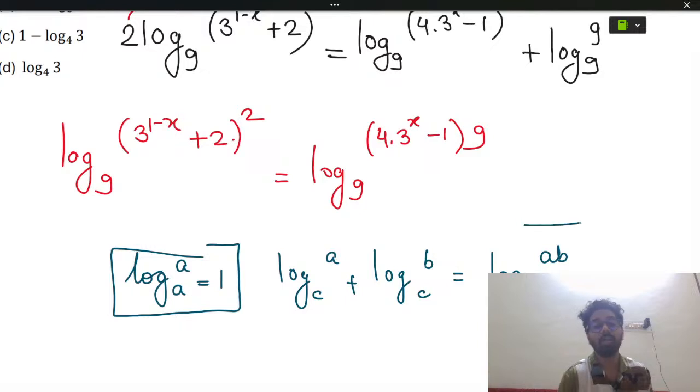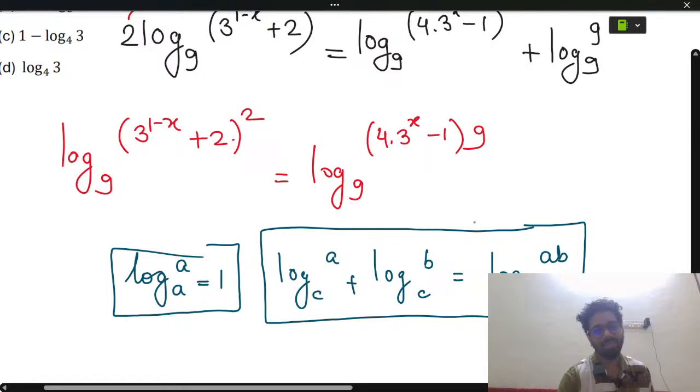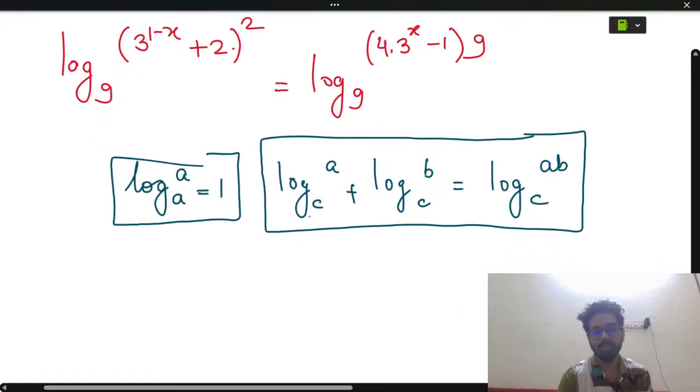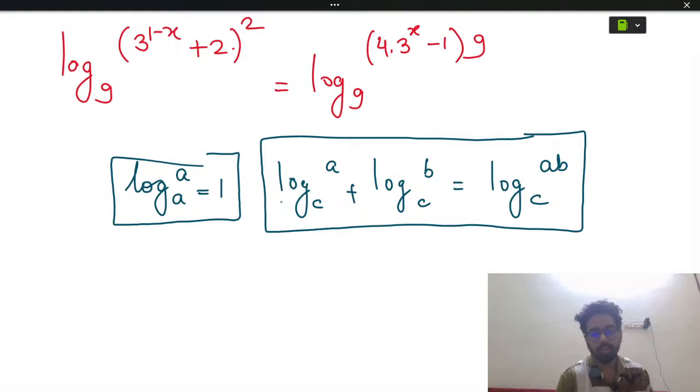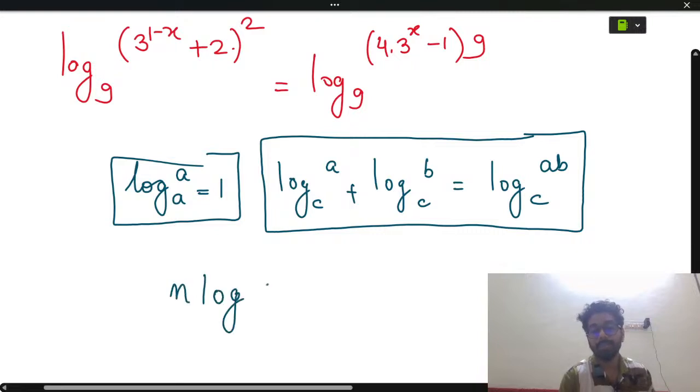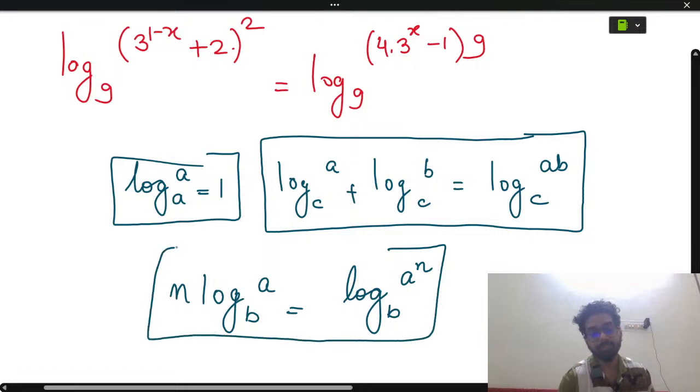We have logic behind it and I have a proof for it, but that's not the agenda of this session. In some other session I can prove it. If you want, I can make a short video, so let me know in the comment box, guys. And the third property is n log a to the base b is equal to log of a to the power n to the base b. These three properties I have used.